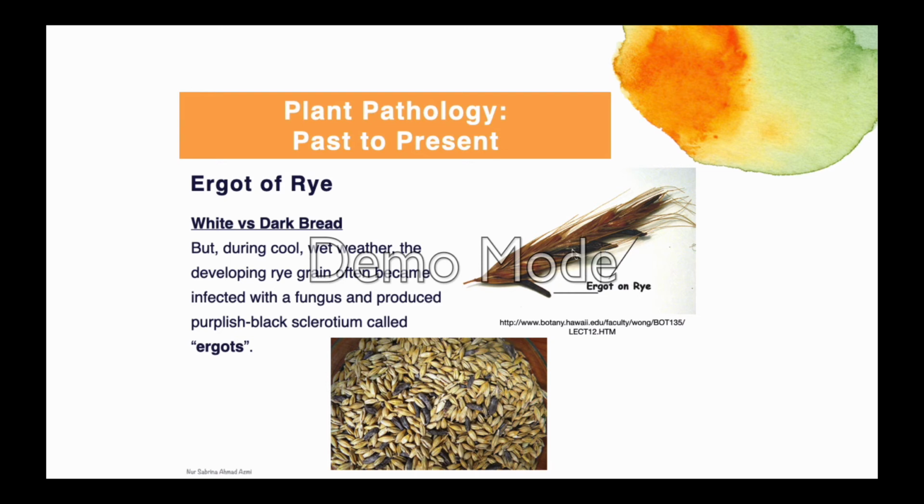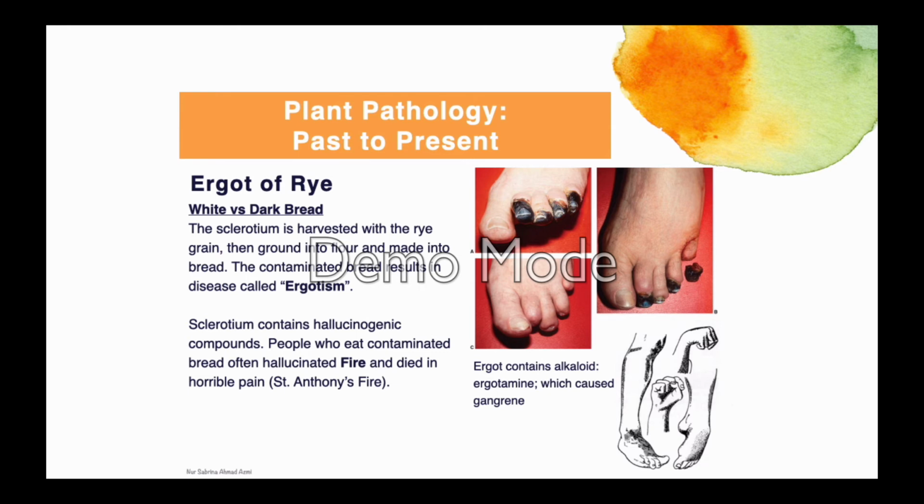This is actually a sclerotium, which is part of the fungus life cycle. So when people harvest the infected rye together with the sclerotium, and process the grain into flour and make it into bread, you get contaminated bread.